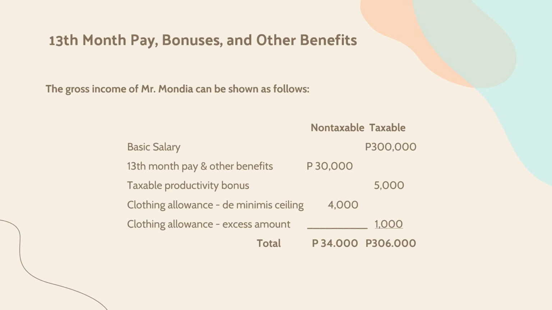The clothing allowance, classified as de minimis, is not taxable to the extent of 4,000. Any excess amount can be used as non-taxable other benefits if the 13th month pay and other benefits do not yet reach the 30,000 ceiling. Otherwise, the excess becomes taxable.